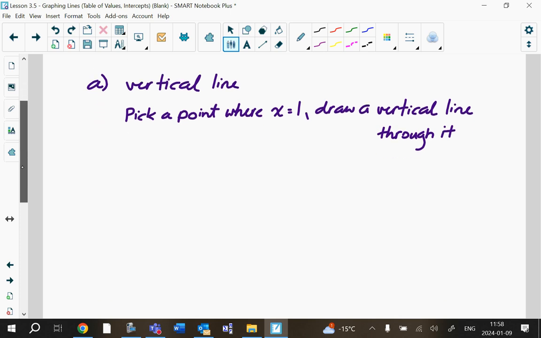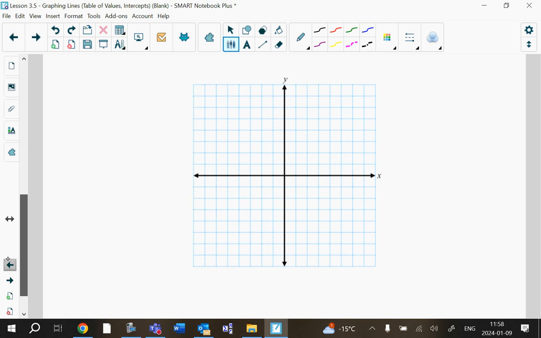So here, what was it? X equals 1? Yeah. Pick a point where x is 1. So 1 comma 2 would be here. I know it's a vertical line, so just do this. And that's x equals 1.